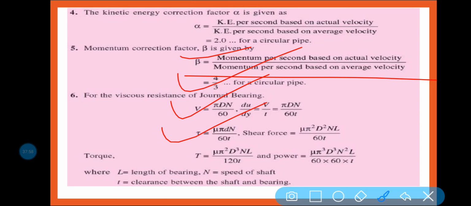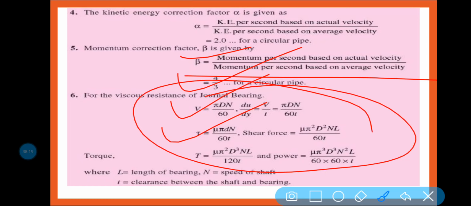T is the torque, equal to mu pi square d cube nl by 120 t, and power is equal to mu pi cube d cube n square L by 3600 t. Basically this is needed for design purposes, in the machine design part.